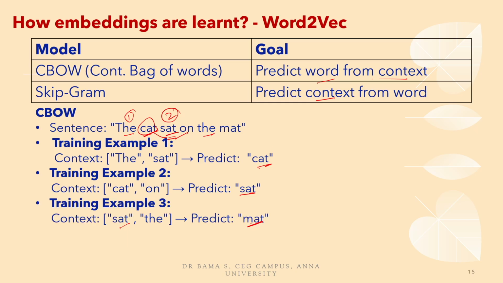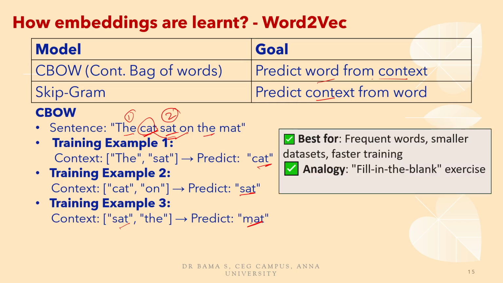So, this is the way the continuous bag of words operates, and it can be used when you have small data sets and a faster training approach, and there are frequent words appearing. The analogy is the fill in the blanks, which we would do as an exercise in our lower classes, where there are some blanks and they have to be filled.